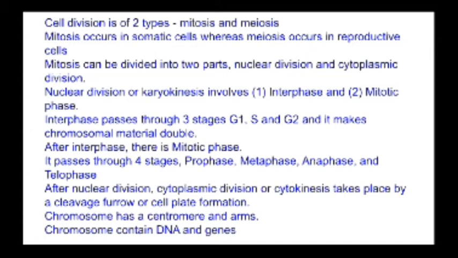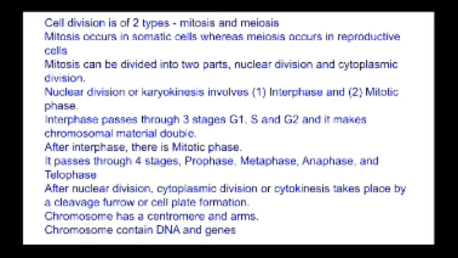Mitosis occurs in somatic cells, whereas meiosis occurs in reproductive cells. Mitosis can be divided into two parts, nuclear division and cytoplasmic division. Nuclear division or karyokinesis involves interphase and mitotic phase. Interphase passes through three stages, G1, S and G2, and it makes the chromosome material double.